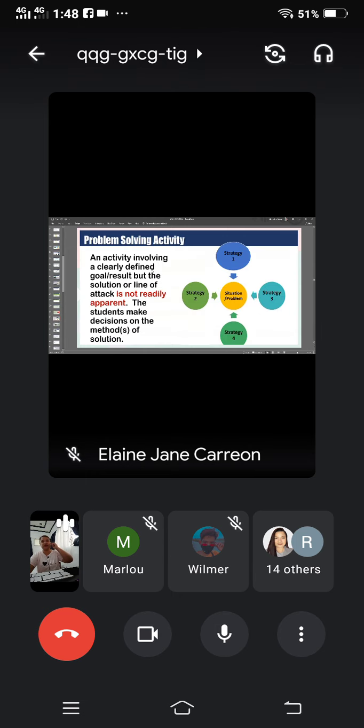So, problem-solving activity, it is an activity involving a clearly defined goal, result, but the solution or line of attack is not readily apparent. The student makes decisions on the method of solution. So, let's have these illustrations here. We have a situation or a problem, and then you're going to think of various strategies in order for you to solve the situation.